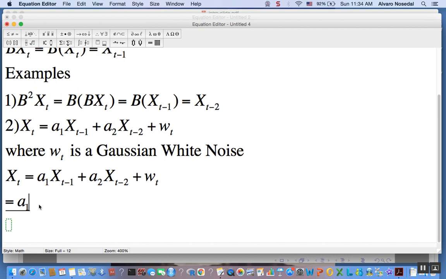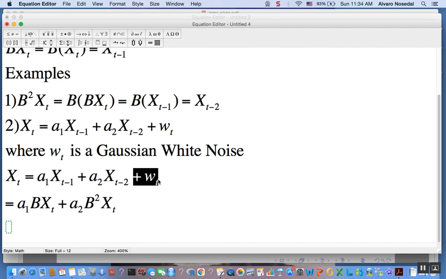You guys agree? On the other hand, we have a sub 2 times x at t minus 2. We could rewrite this term as B squared times xt, or B applied twice to xt. Make sense?